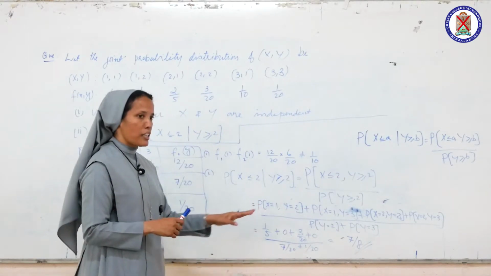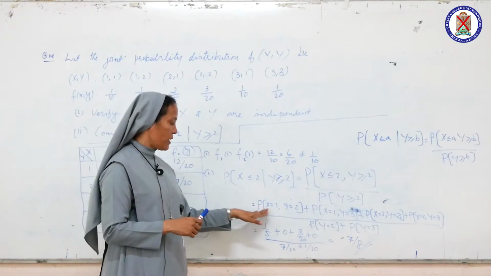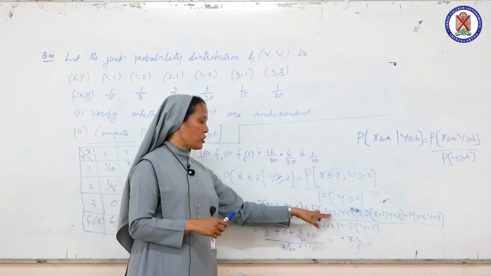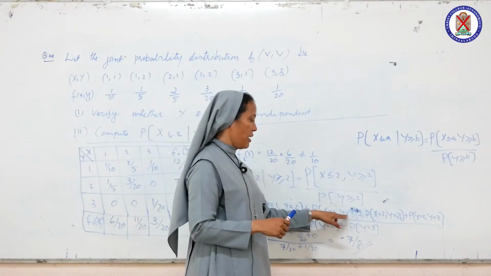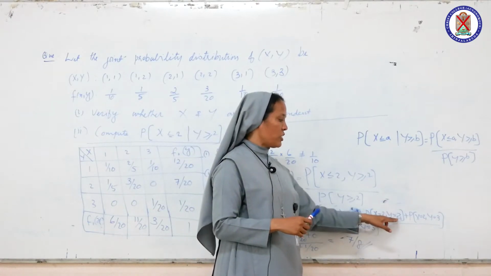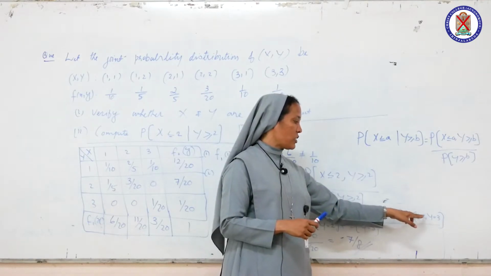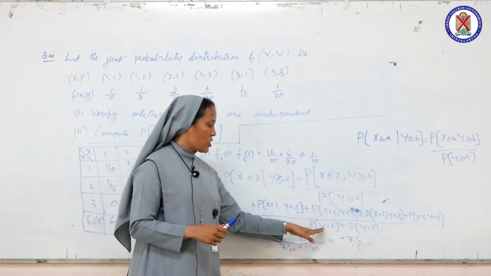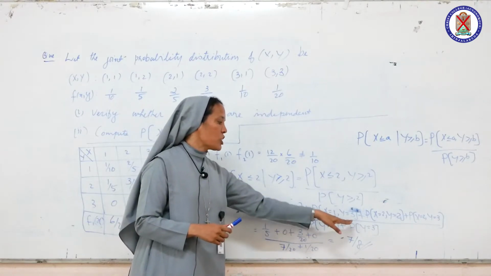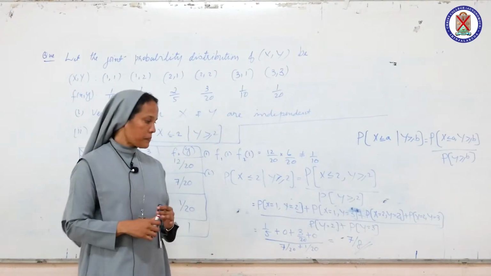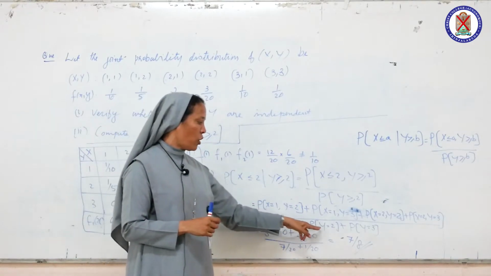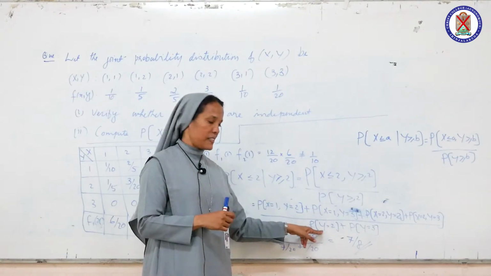Then the joint probabilities corresponding to this are: probability of x is equal to 1, y is equal to 2, plus probability of x is equal to 1, y is equal to 3, plus probability of x is equal to 2, y is equal to 2, and probability of x is equal to 2, y is equal to 3, whole divided by probability of y is equal to 2 plus probability of y is equal to 3. Here in the numerator we have joint probabilities and in the denominator we have marginal probabilities.